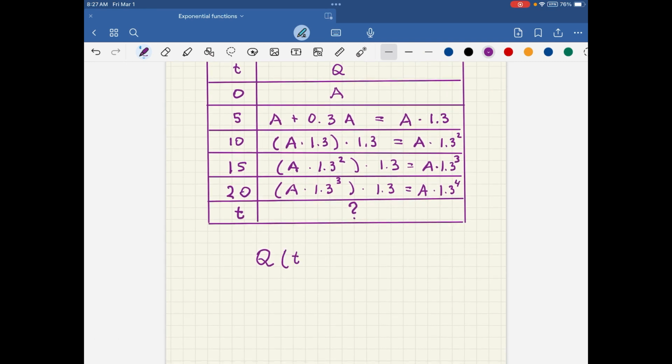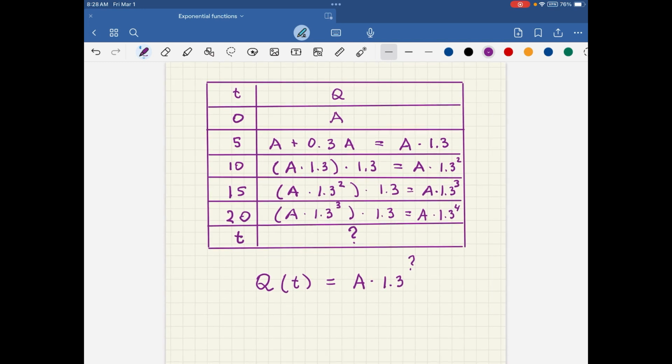Q of t equals A times 1.3 raised to some power. And now we need to determine what to put in this exponent. To what power do we have to raise 1.3 in order to get our correct Q value? Well, let's look at these exponents.